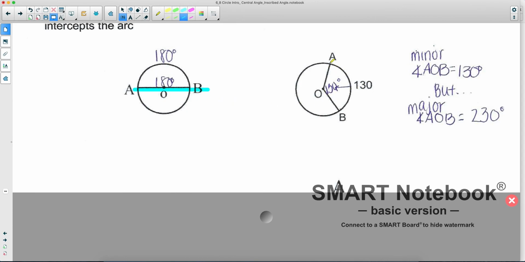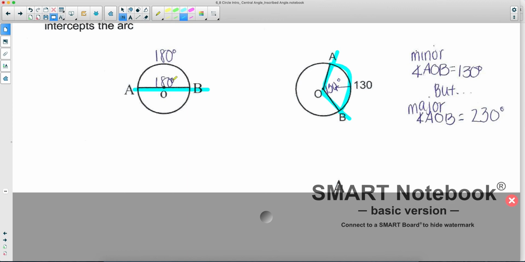Then over here, it's giving you that arc AB is 130. So notice I put a little arrow. Since this is my arc, the central angle is 130. So angle AOB is 130. Now, here's the interesting part. Over here, if I said angle AOB, there's two angles.